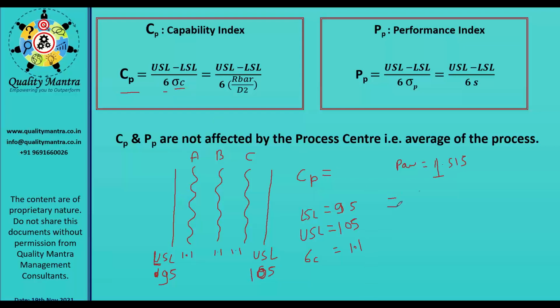So it is 105 minus 95. Yeah, Mr. Praveen is saying 1.52 divided by 6. Don't confuse the 6 and sigma. It is 6 into the standard deviation, which I told you as 1.1. So it will be 10 divided by 6.6.